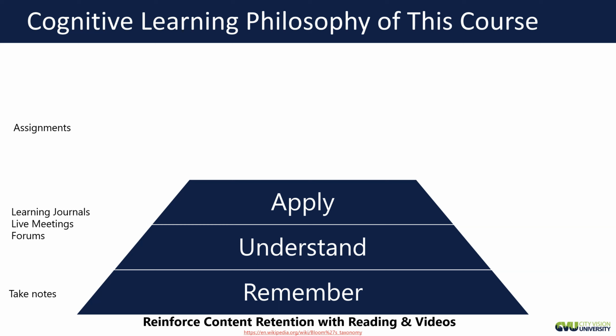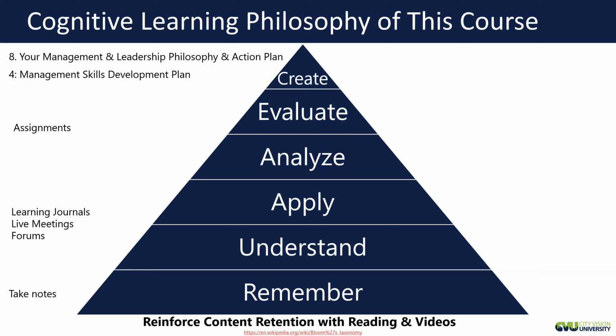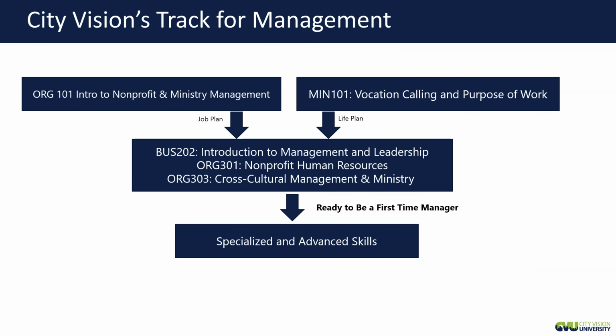And then in the assignments, you're going to be applying things, analyzing, evaluating. The 2 major projects in the course are in week 4, the management skills development plan, and week 8, your management and leadership philosophy and action plan. It's worth emphasizing, look at what percentage of your total grade some of these projects are worth, because those projects are worth a lot more of your total grade.